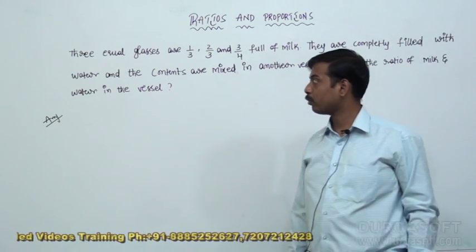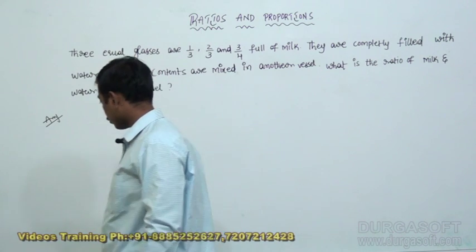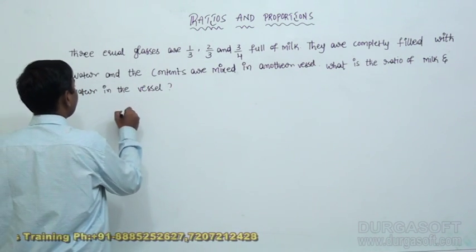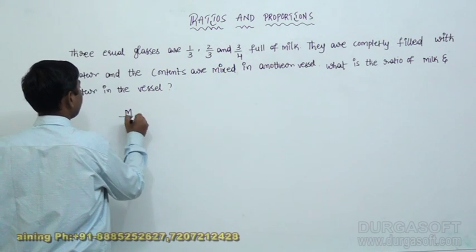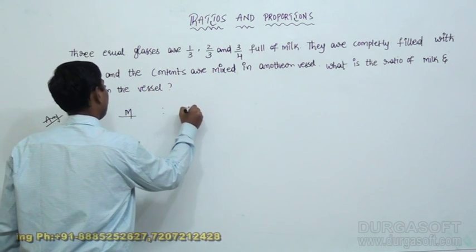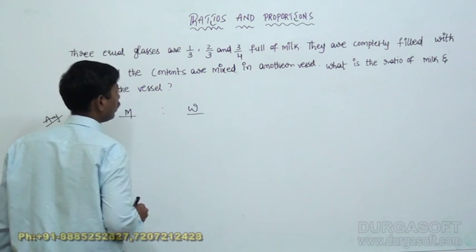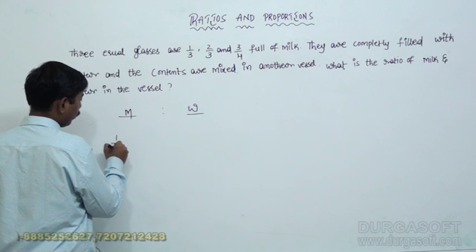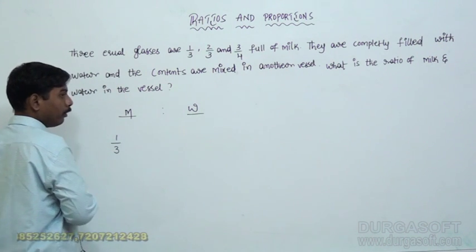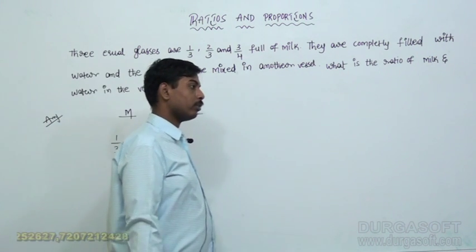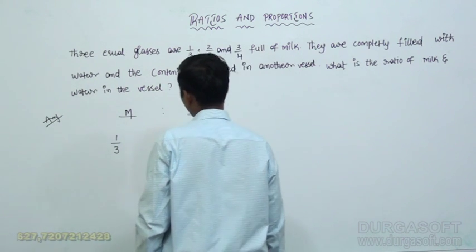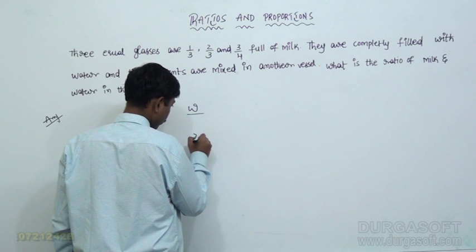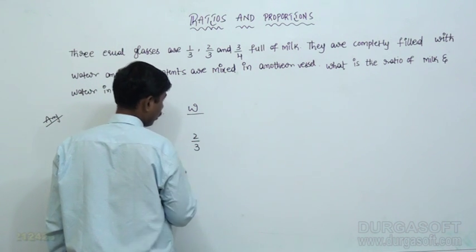Let us make a point out here. When I talk about the ratio of milk and water in the vessel, that is our question. Now we have to focus on milk to water. First glass is filled up with how much part of milk? First glass is filled up with 1/3 of milk, which means the rest, 2/3 of the glass, should be filled up with water.